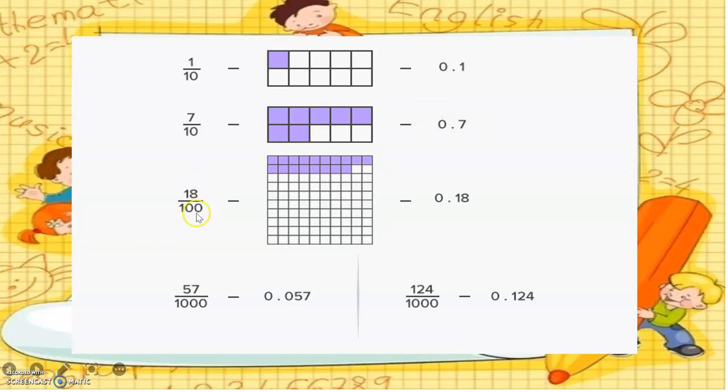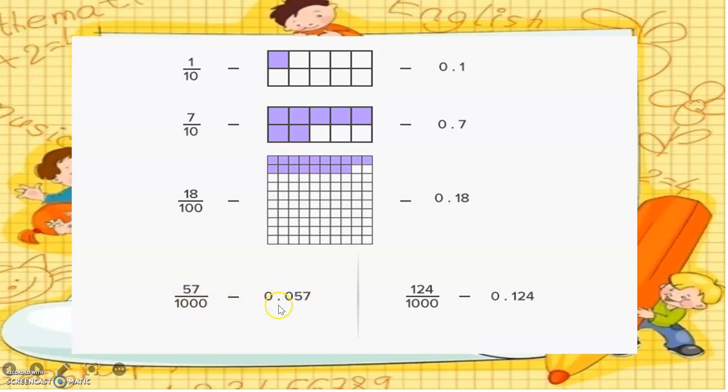18 over 100 is 0.18. So 100 has 2 decimal places, 1, 2. 57 over 1000 is 0.057.